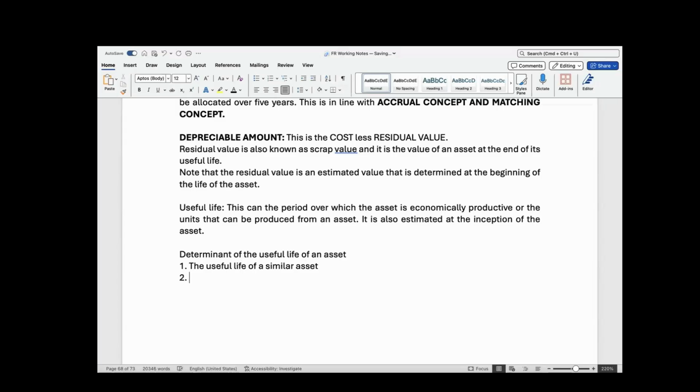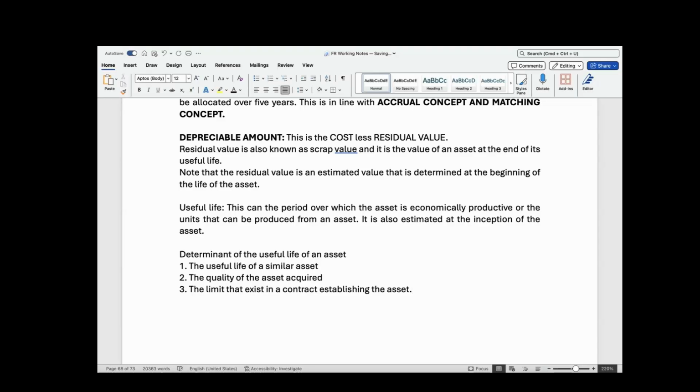Can determine how. Another one is the quality of the asset acquired will determine its useful life. It could be the limits that exist in a contract establishing the asset.